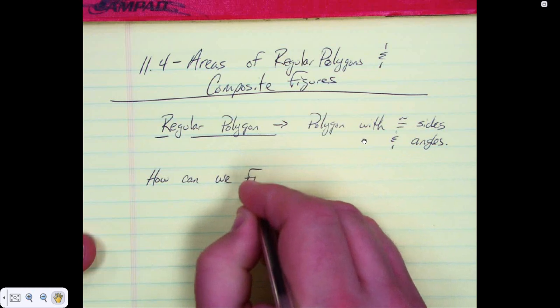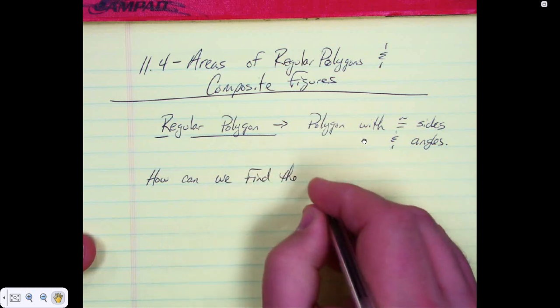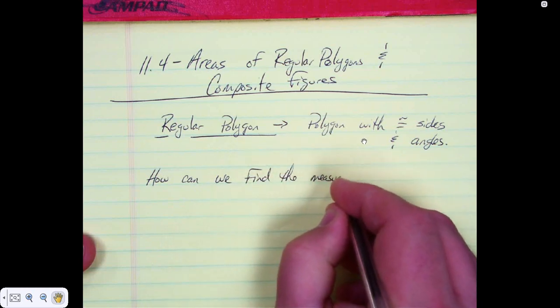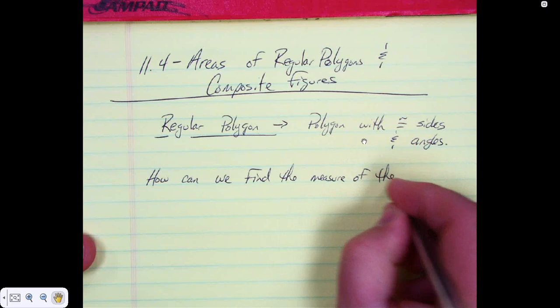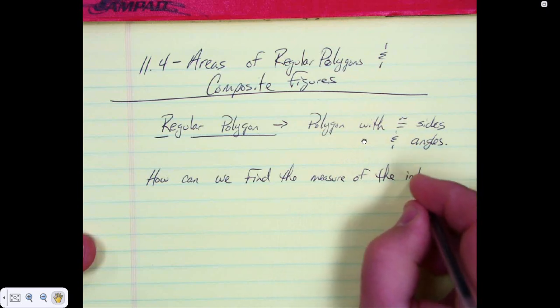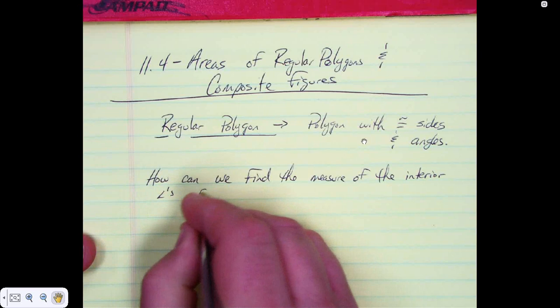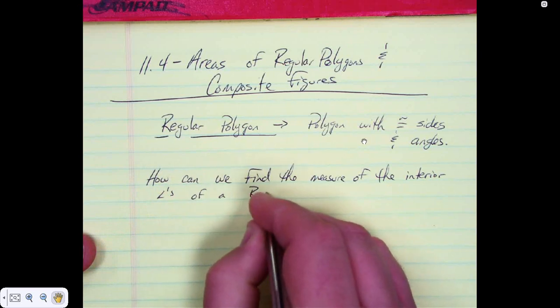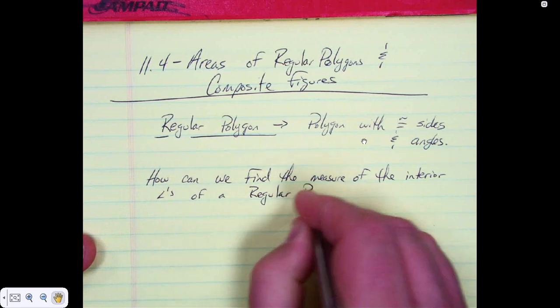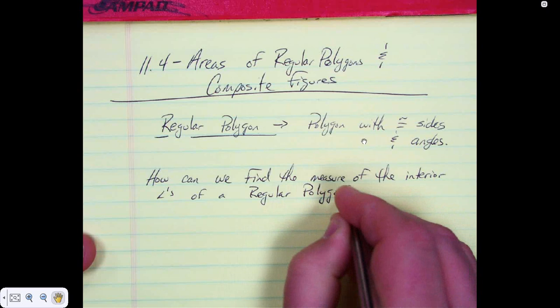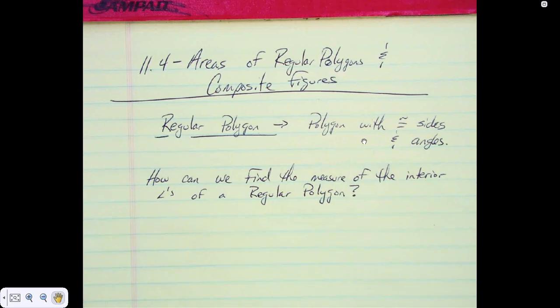How can we find the measure of the interior angles of a regular polygon? Does anyone remember how we do that?